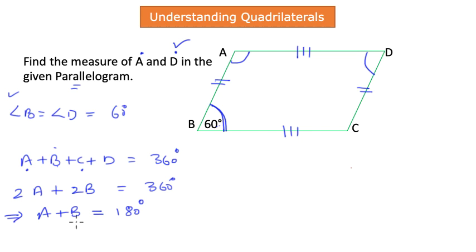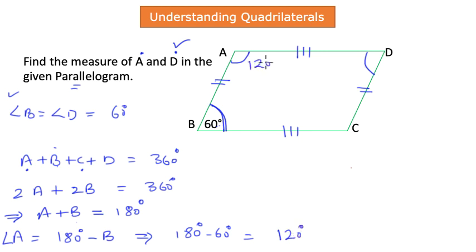We already know B, so angle A is equal to 180 degrees minus angle B, which is 180 minus 60 degrees, so angle A is equal to 120 degrees. That is the angle we can compute using this simple example.